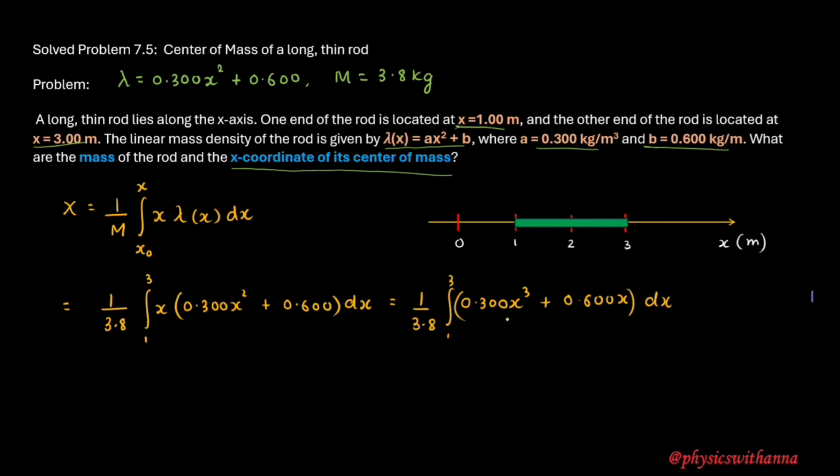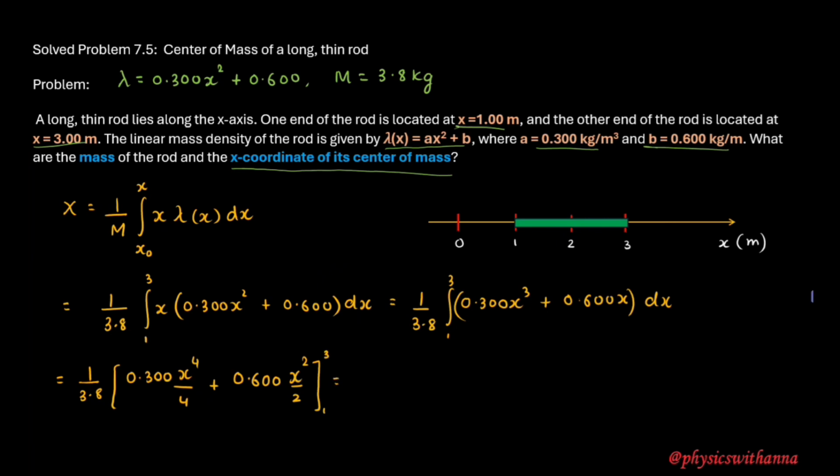We get 1 over 3.8 times 0.3, a constant, which we keep as it is. When you integrate, you increase the power of x by 1, so x cubed becomes x to the power 4 over 4, plus 0.6 times x to the power 2 over 2, going from 1 to 3.